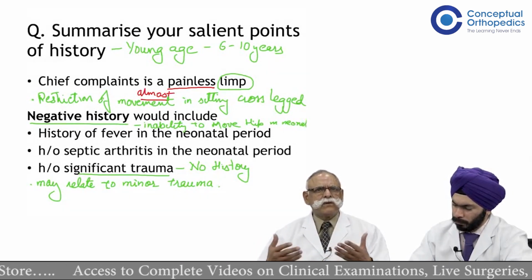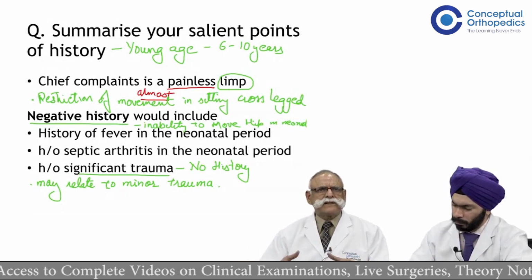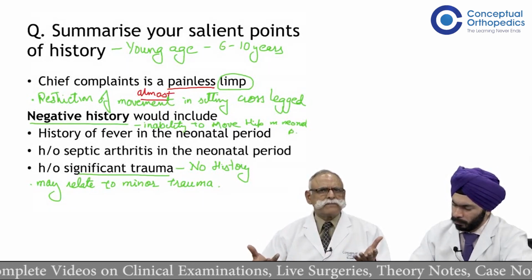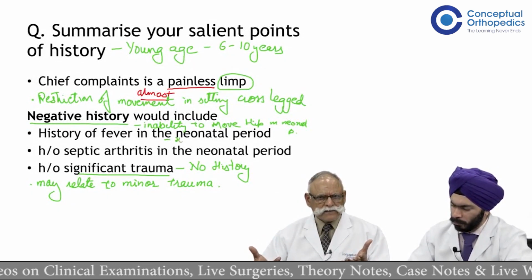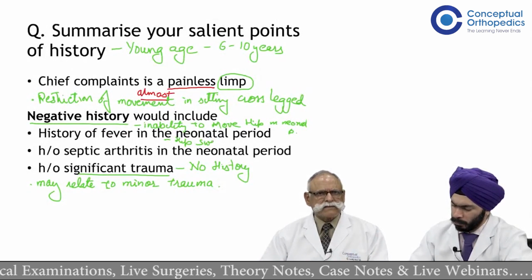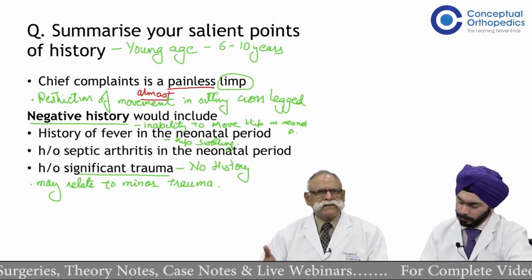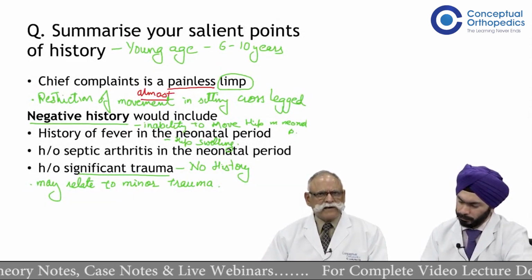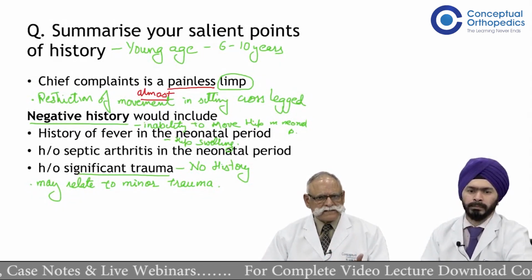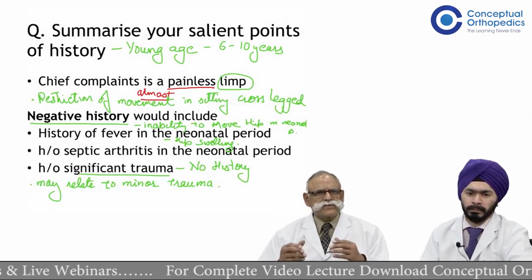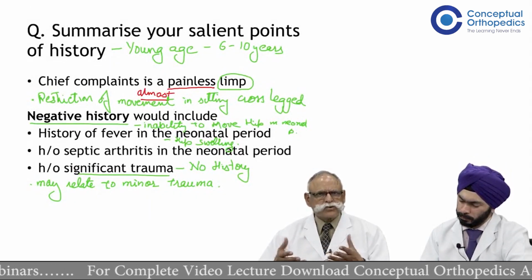By giving an antibiotic, it might have resolved over a period of time. However, any history of infection in the joint must also be elicited, and history of a significant trauma.